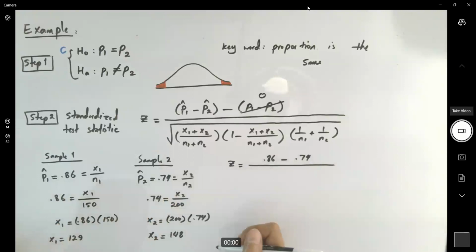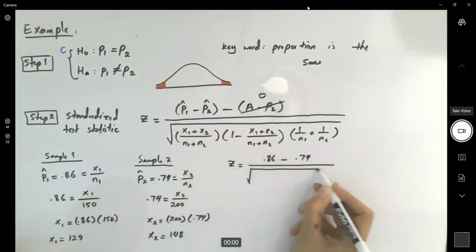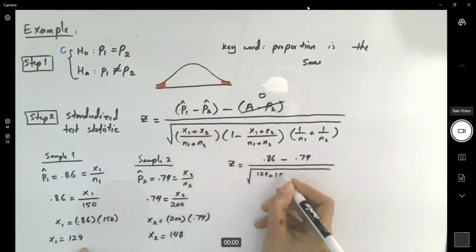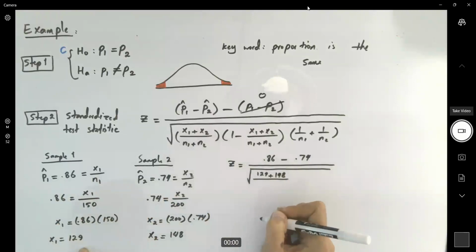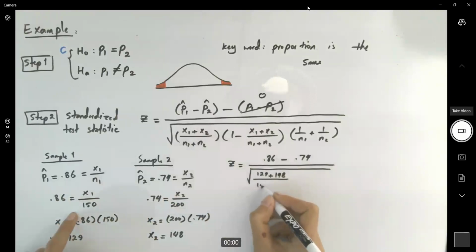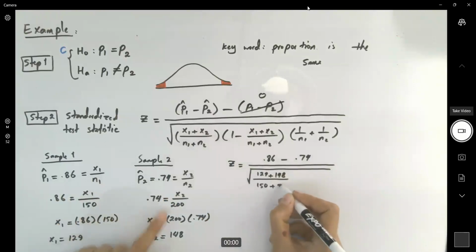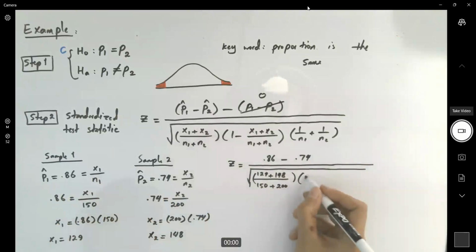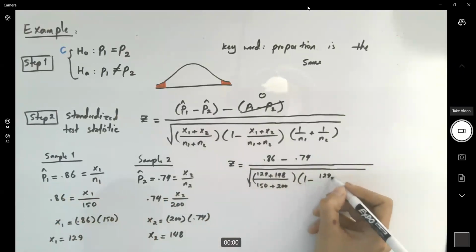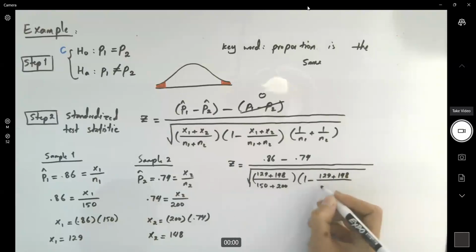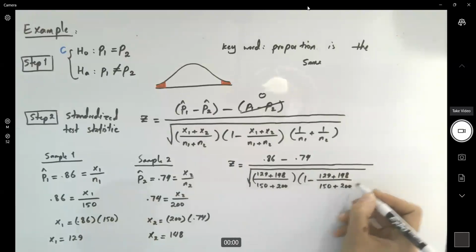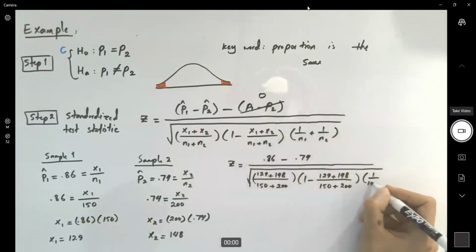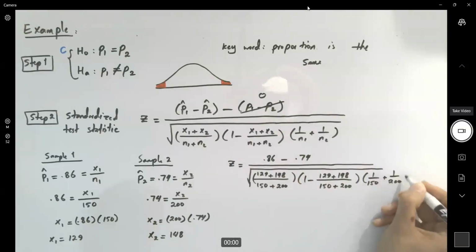Now for the denominator, you have the square root of (129 plus 148) divided by (150 plus 200), times 1 minus this fraction, (129 plus 148) divided by (150 plus 200), close the parenthesis, and the last one is (1 over 150 plus 1 over 200).